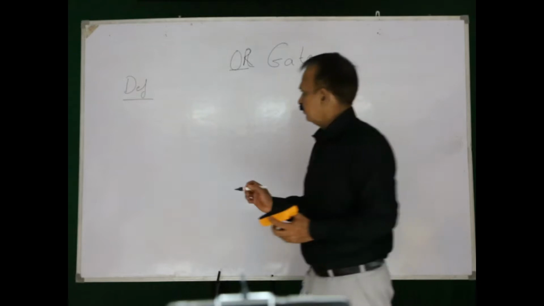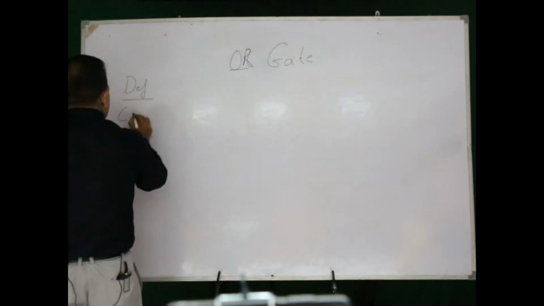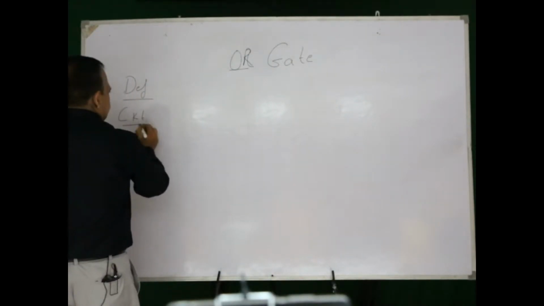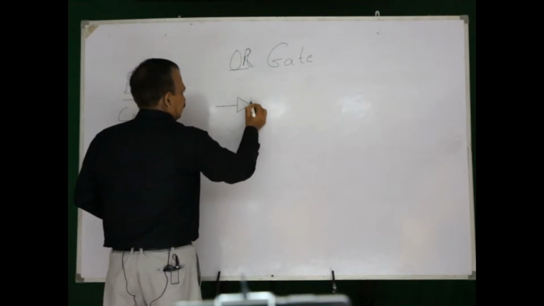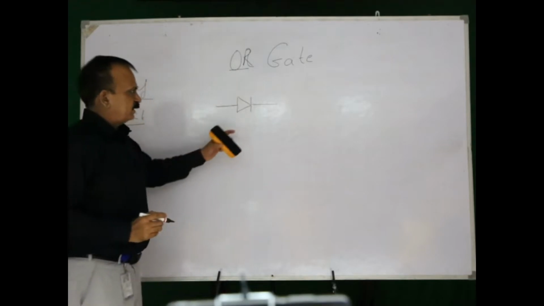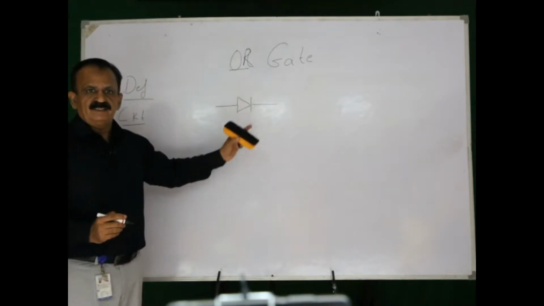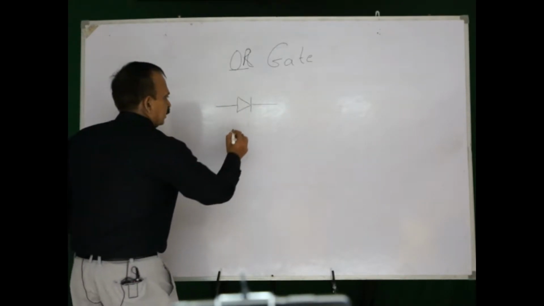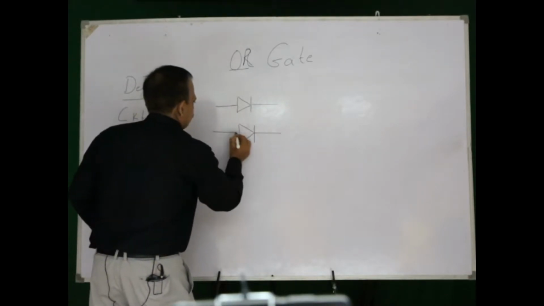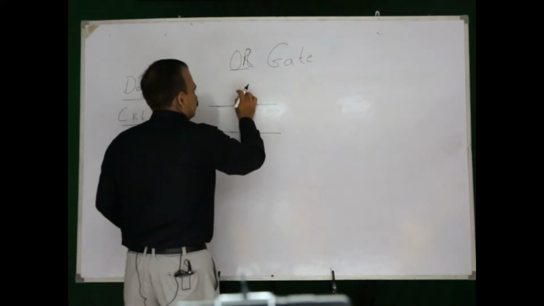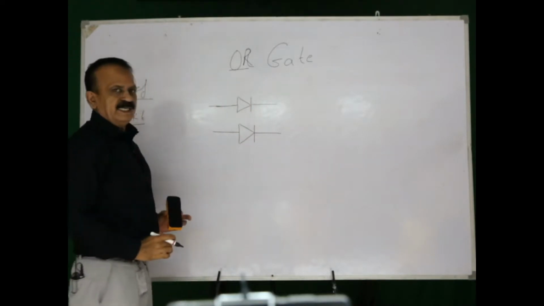Circuit diagram. Now, the next in the sequence is the circuit diagram. The circuit diagram for the OR gate uses this electronic component, which is called a diode. Another diode, this is a PN junction diode, P for the positive part and N for the negative part.